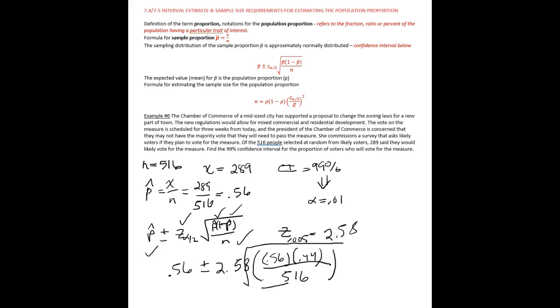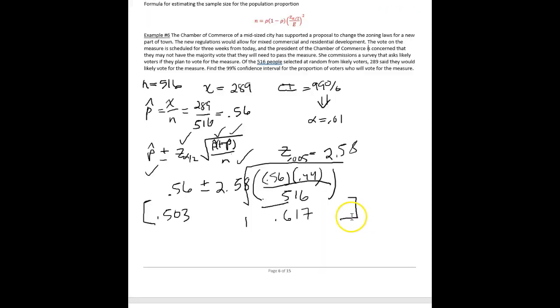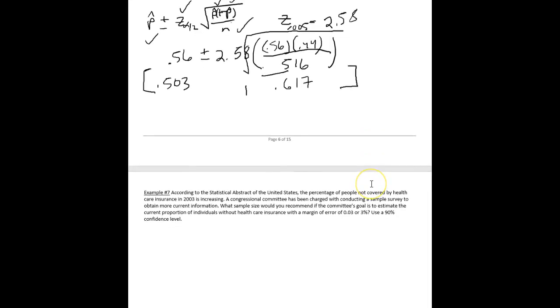So what does that equal? That equals 0.503 to 0.617. I'm not going to go through the arithmetic of it. I expect that you know how to do that, but it's also a nice check for you to walk through it yourself.